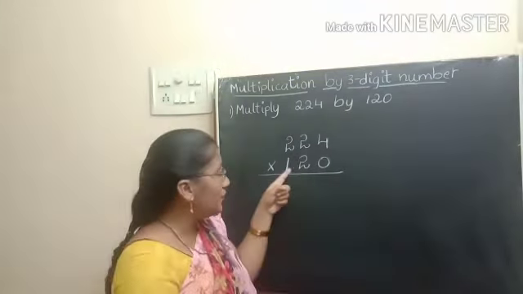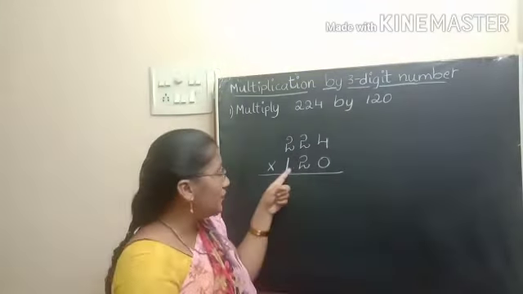So we can write directly. Again, multiply the digit in hundreds place with 1. Take 1 into 2. This is also 2. Write that here.